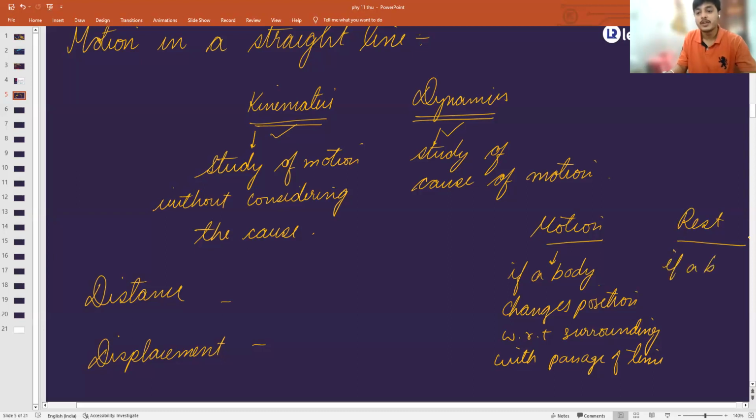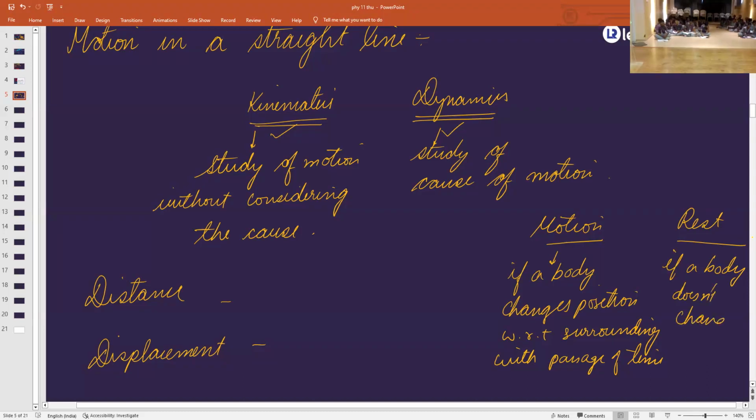Similarly, if a body does not change its position, it is at rest.